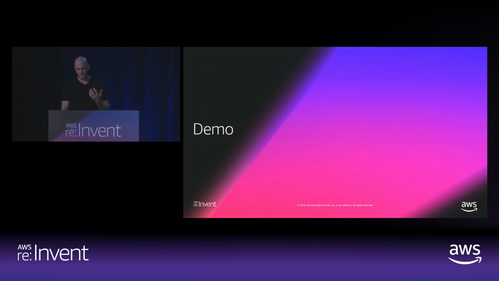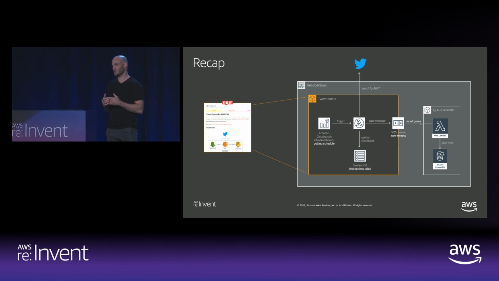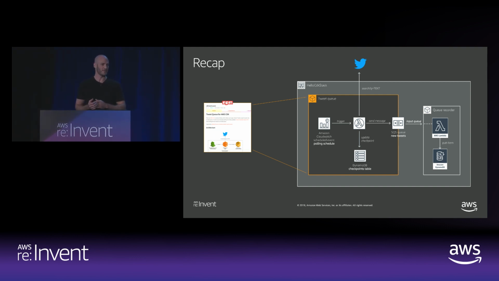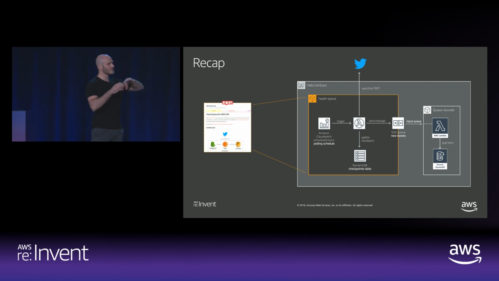The point here is encapsulation, right? It's a very fundamental principle in software design, and we're really excited the CDK is enabling that around infrastructure. All I needed to do is basically bring in this tweet queue class. And behind the scenes, this class had lots of implementation details and quite a lot of resources.